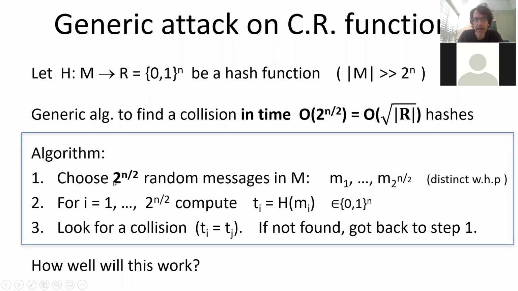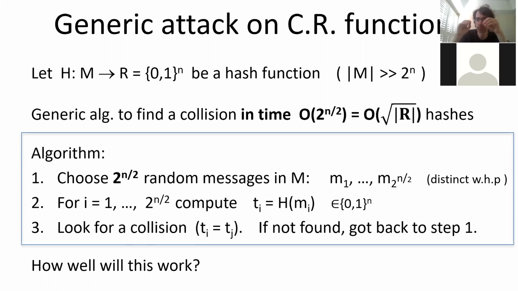And how? Well, I just take this many random samples from the message space. I hash them, and I should expect a collision. Why should I expect a collision? Because let's say H has a very uniform distribution.